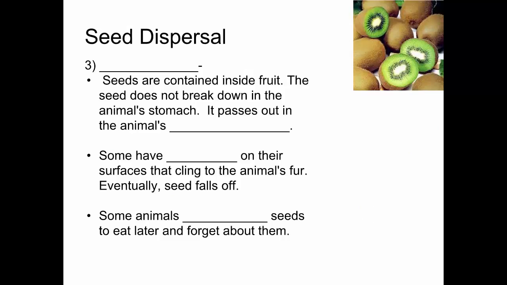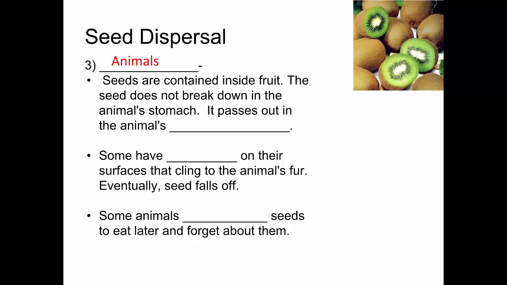Now, one of the most common ways of seeds being dispersed is through animals. And plants that produce seeds that animals are going to disperse often form a fruit. Okay? And so the fruit attracts animals because it tastes good. They consume it. And they're not like a human.